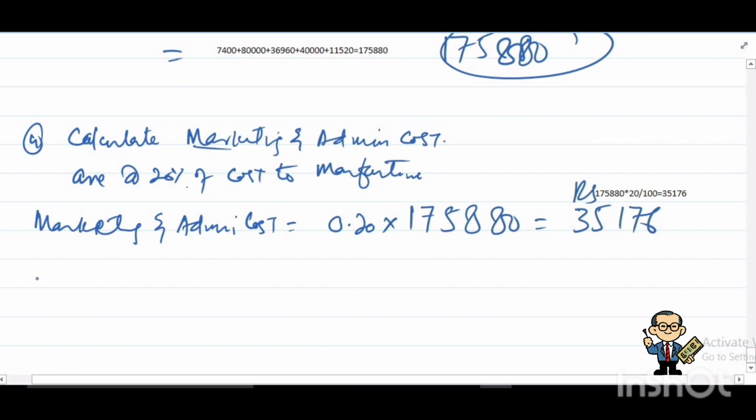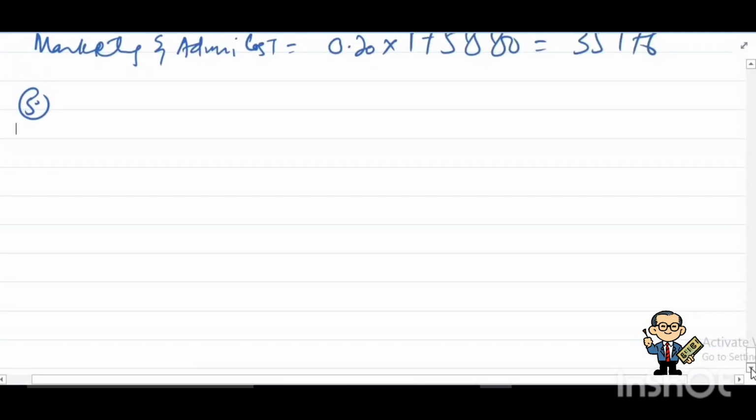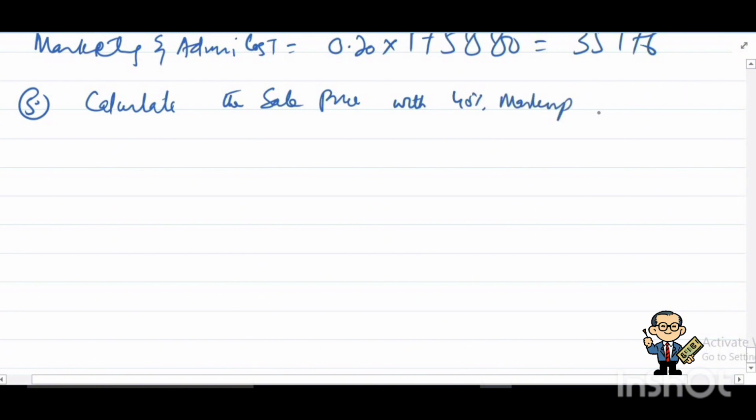So I will make this step number 5, and we are just concluding our answer. This is to calculate the sale price, with a markup of 40% of the cost.